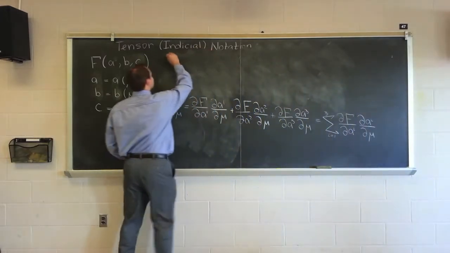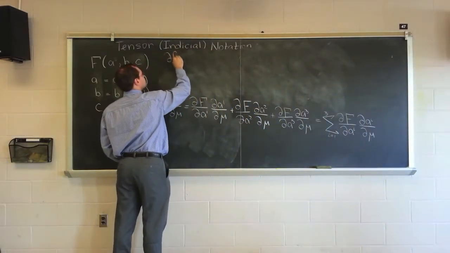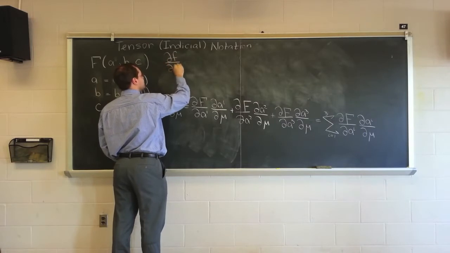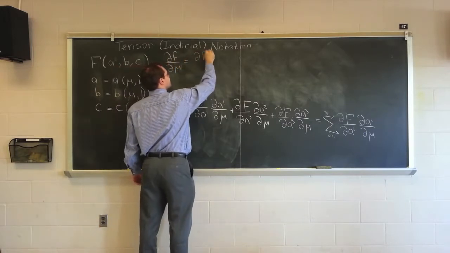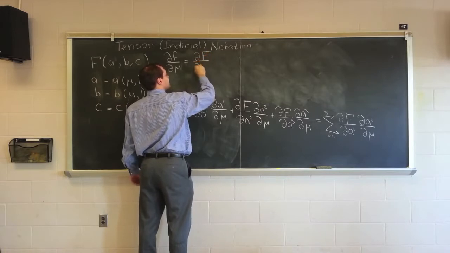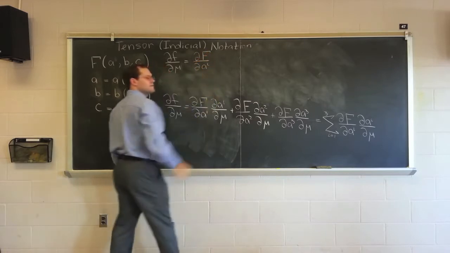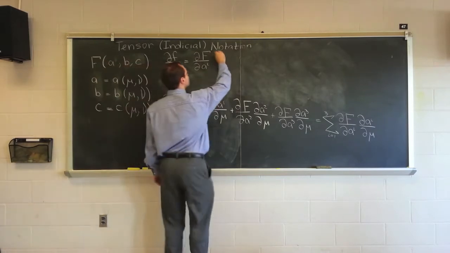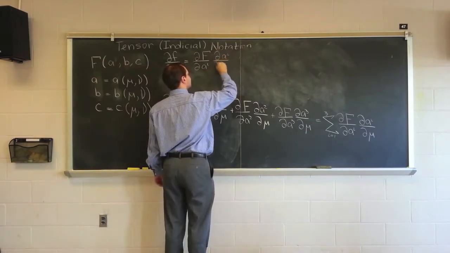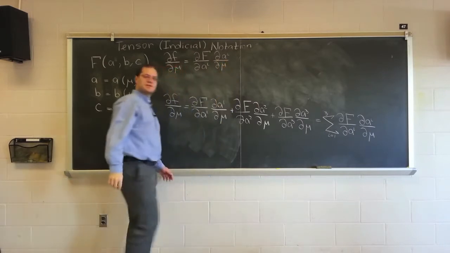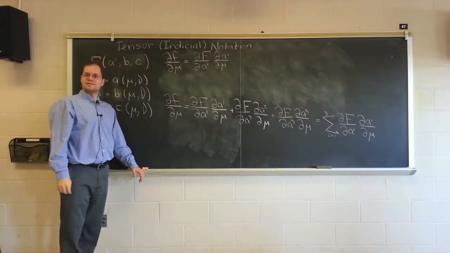We can therefore write df/dmu equals df/da_i da_i/dmu. You guys have any questions? Nice and compact.